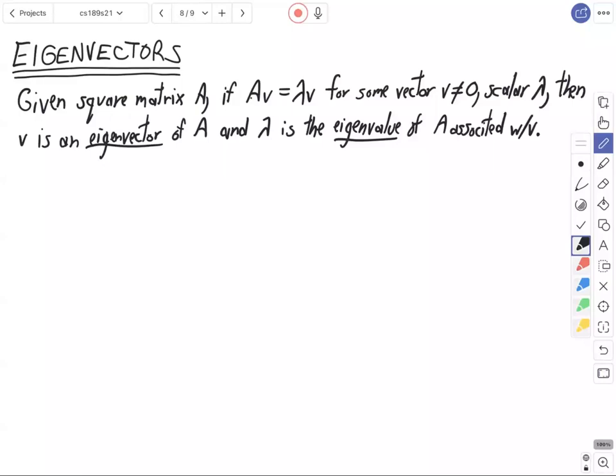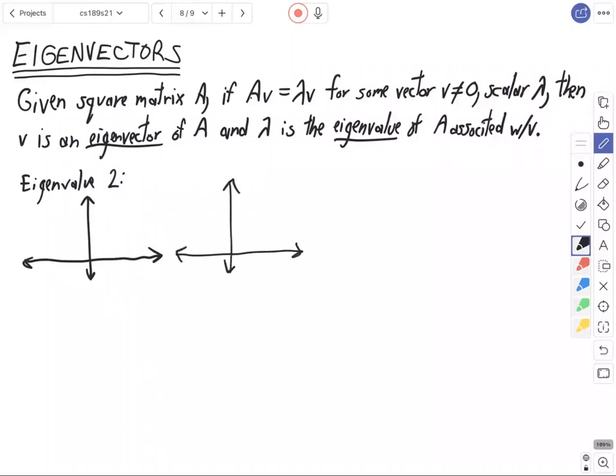Consider an eigenvector that has an eigenvalue of 2. So what I'm going to do is draw a coordinate system 4 times. And we're going to go from left to right and apply the matrix A to a vector V over and over again.